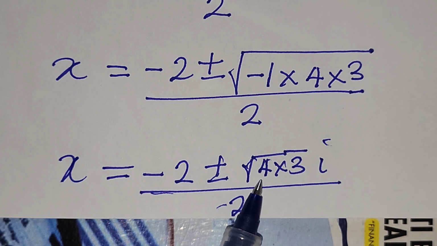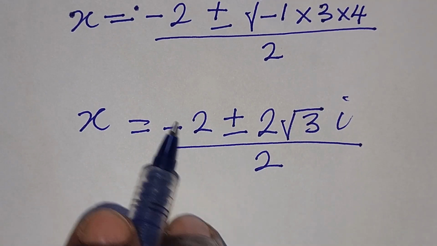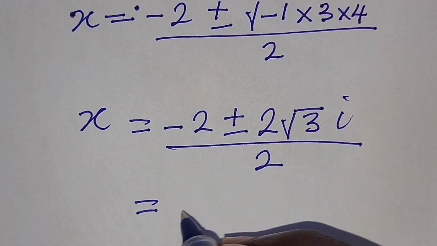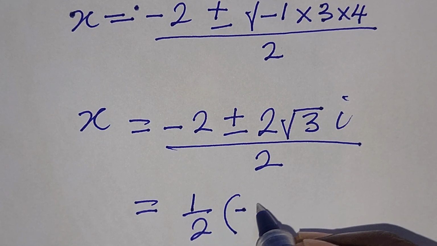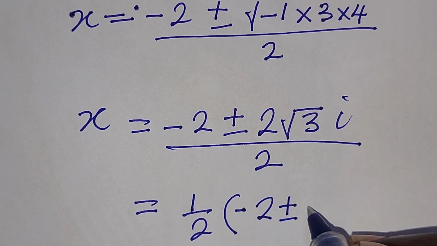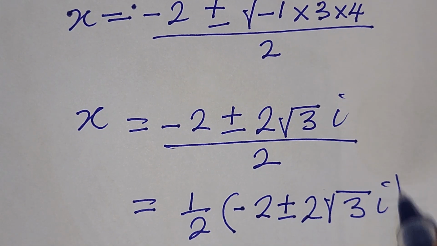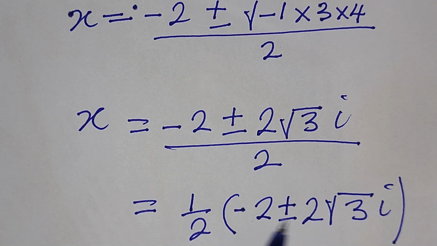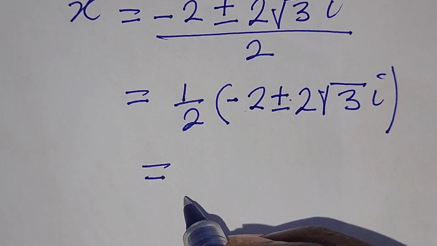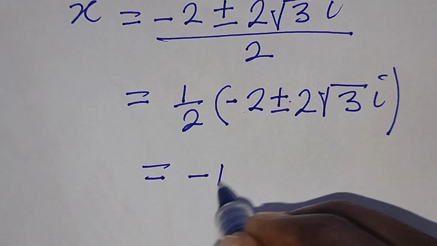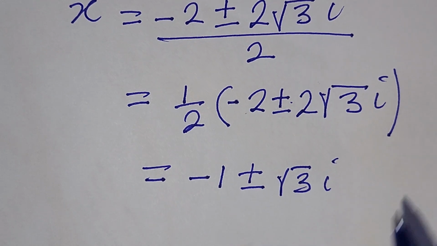Now the square root of 4 is 2. So if we factorize 2 out here, we're going to end up having 1 all over 2, bracket, minus 2 plus or minus 2 times the square root of 3 iota, close bracket. Then this can cancel out this, which gives us minus 1 plus or minus the square root of 3 iota.